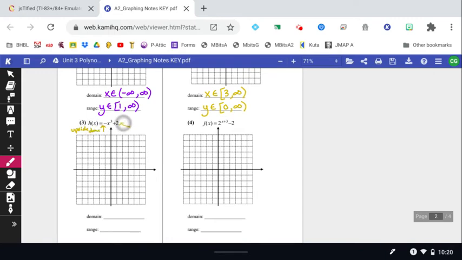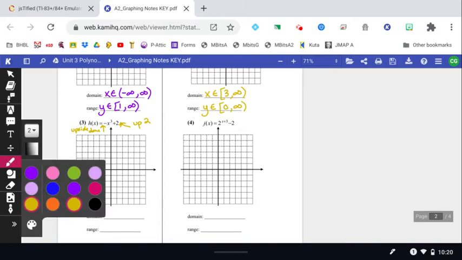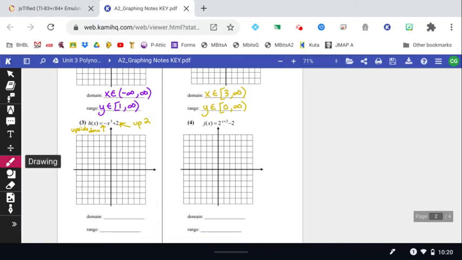And this right here is going to tell me that it's going up 2. And again, I'm just looking at my calculator to sketch this. So I know that instead of going through 0, 0, I'm going up 2. And now I've got here and down here. So h of x equals negative x cubed plus 2.